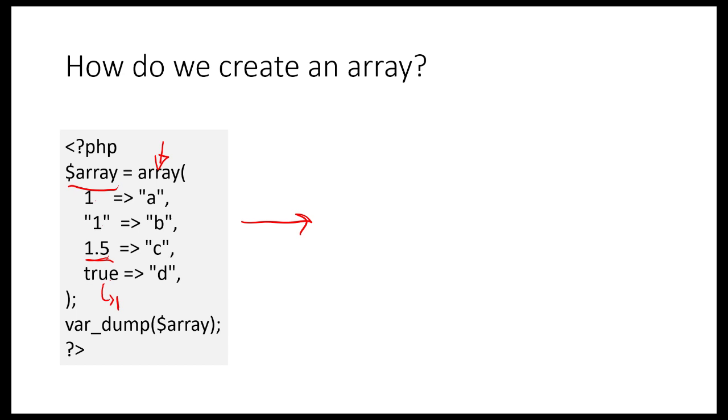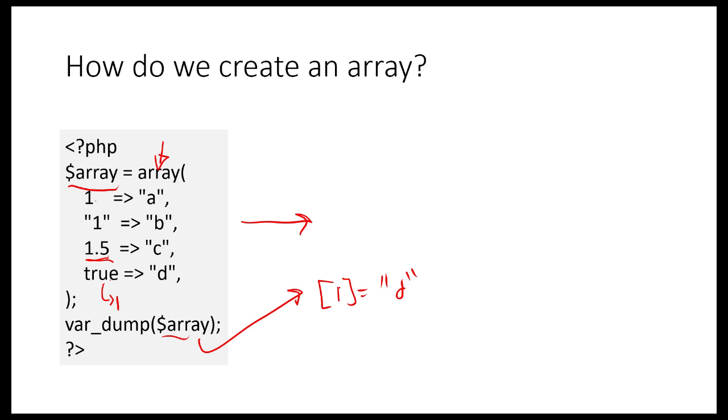So if you did var dump, you're telling the computer basically, write what's in the array. So we'll write this out. What we're going to end up with is 1 equal to d.